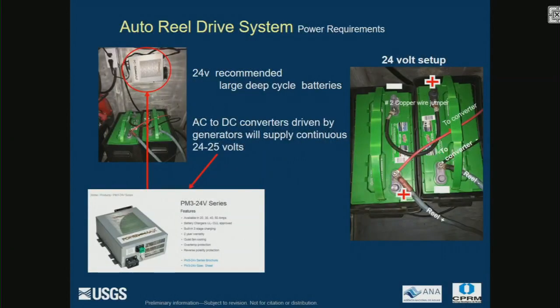So, power. Let's say we're using the D99, a 280-some-odd pound sampler. That auto reel system will work off of a 12 volt or 24 volt DC system.